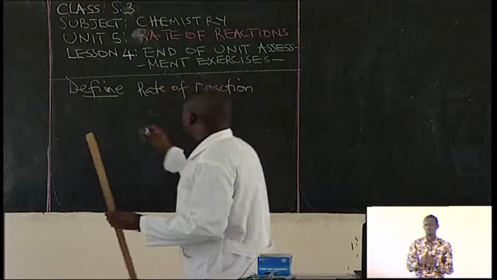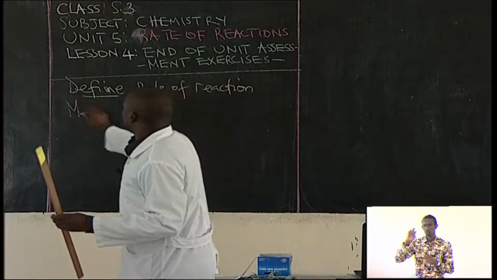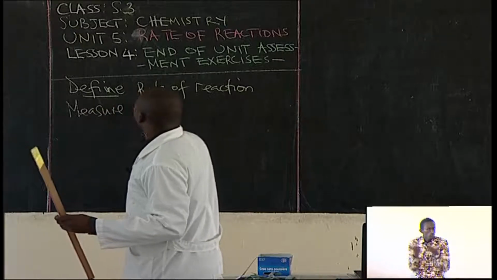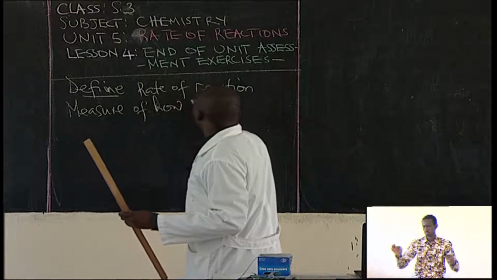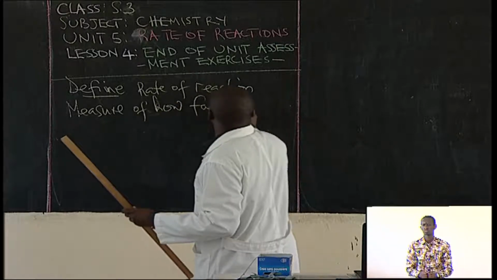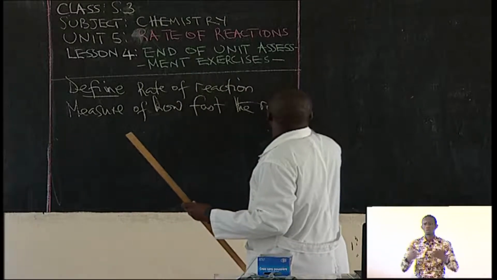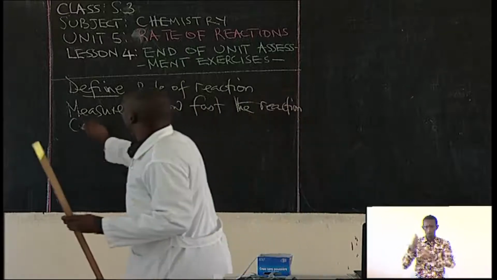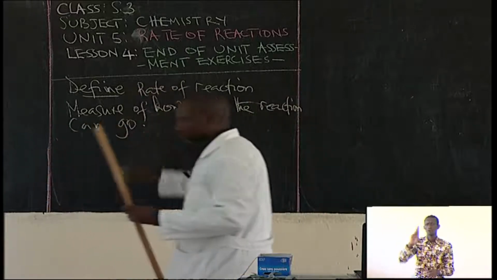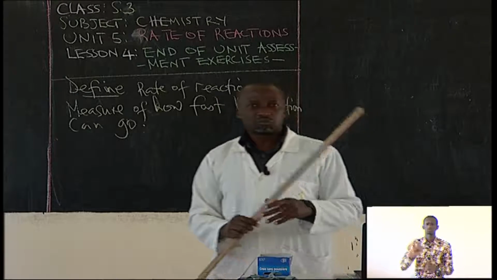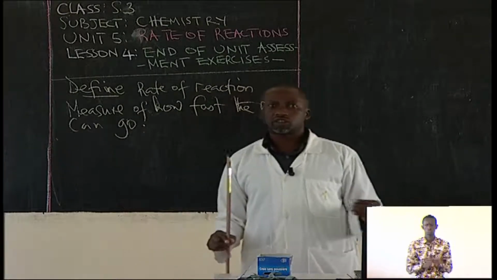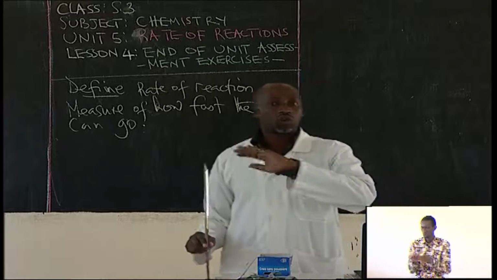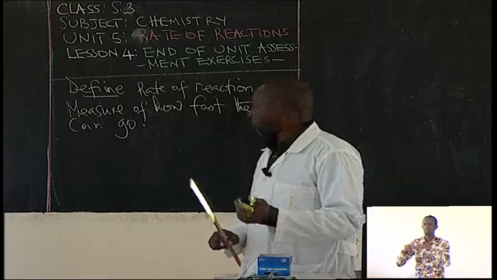This is the measure of how fast the reaction can go. So that is briefly how we can define it, but we can even have as many definitions as possible, depending on the reaction that is taking place.